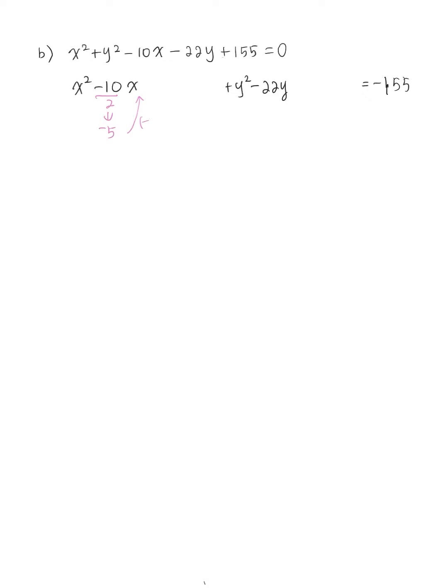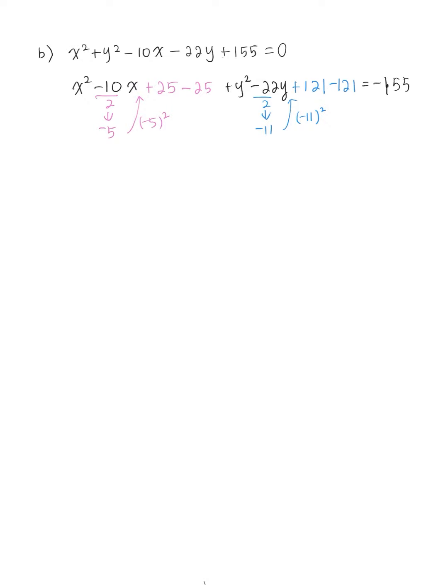We're going to add a negative 5 squared, which is 25. Then to balance it out, you subtract 25. On the y, you divide this number by 2, then you get negative 11. So here, you're going to add in negative 11 squared, which is positive 121. Now, if you add in some quantity, to balance it out, subtract the same quantity.